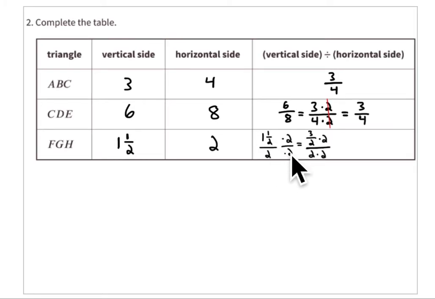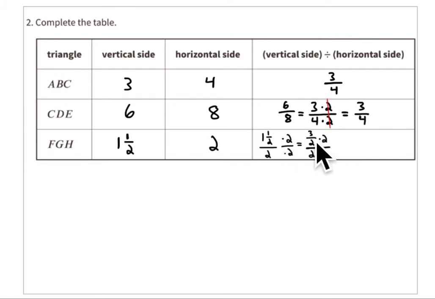Well, 1.5 times 2, you're going to get rid of this half. So 2 times 1/2 is 1. And so you're going to end up with, hold on here for a second. It's 3/2.